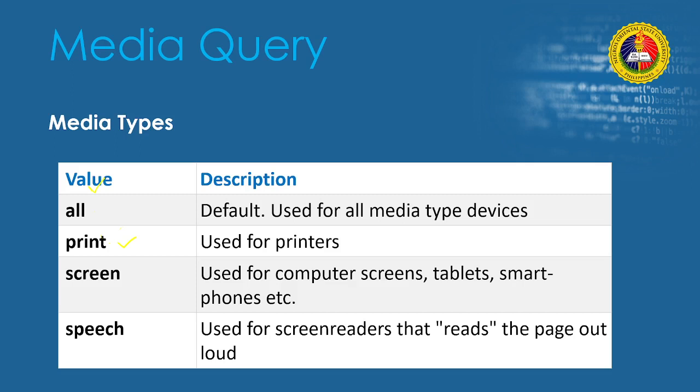Since that web page is intended for printing, then we are going to use print as our media type. However, since all of our work will be displayed on the screen of our computers, the media type that we'll always be using this time is screen.